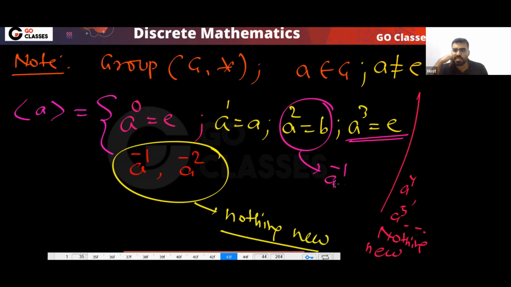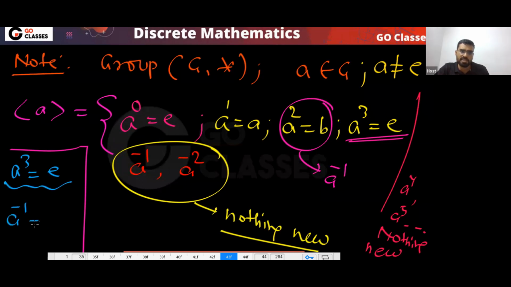You can notice this itself is your A inverse. Yes or no? Because A cube is E, it means A inverse is A square. So this A square itself is your A inverse.